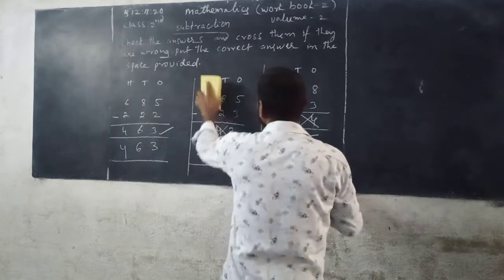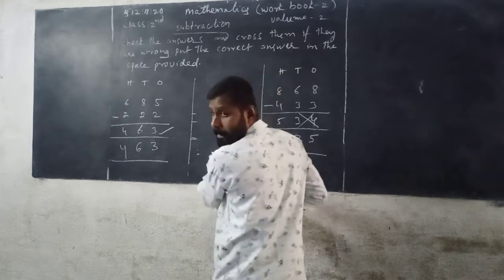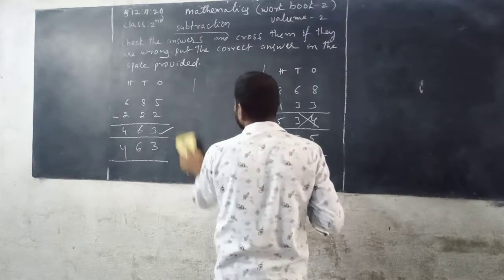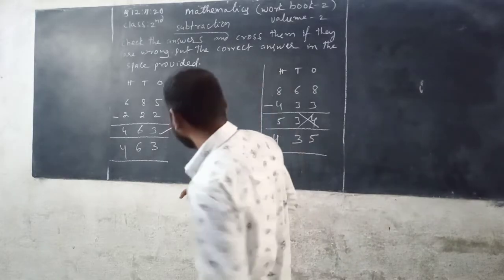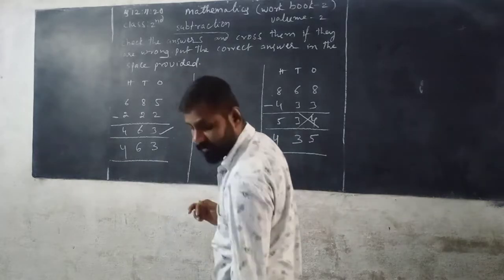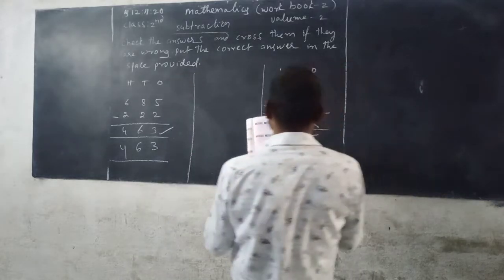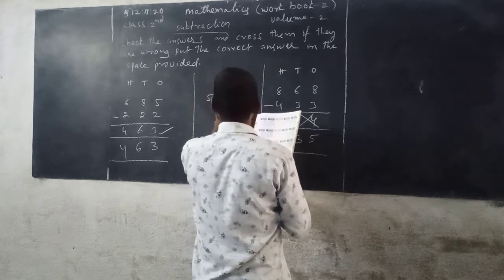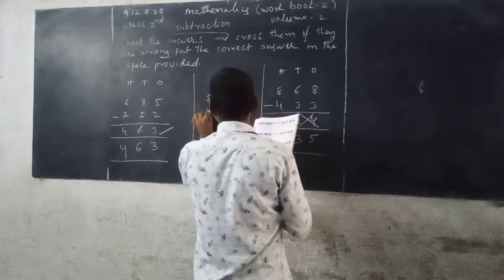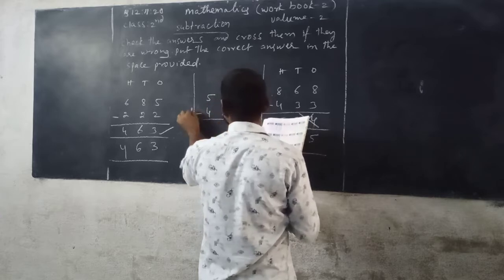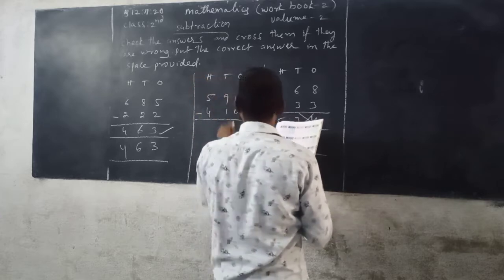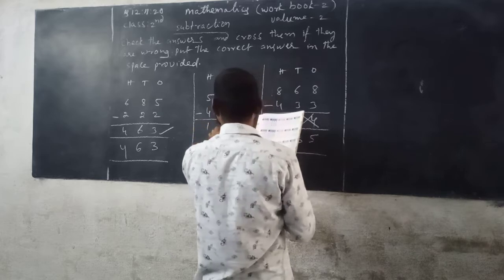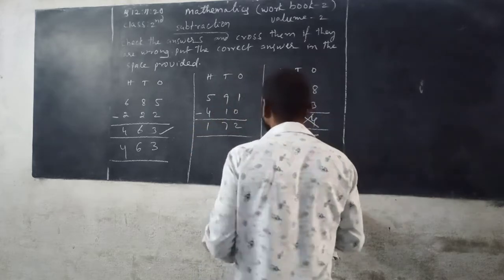Now next one is 591 minus 410. This is hundreds place, tens place, ones place. So what is the answer given? 172. See here.